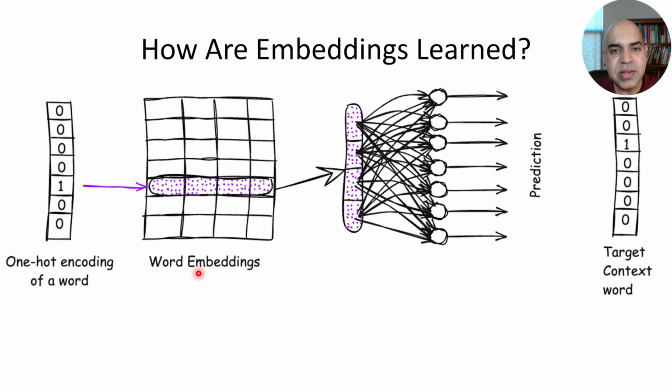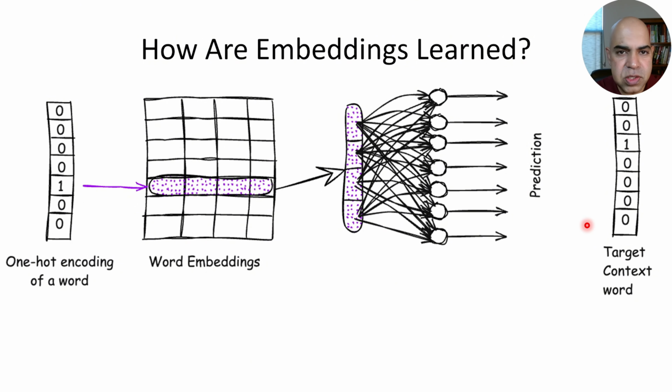Word embeddings form a matrix where each row refers to a vector representation of a word. The selected embedding for the reference word becomes an input for the neurons of the output layer. Then the output of the output layer is compared with the context word.